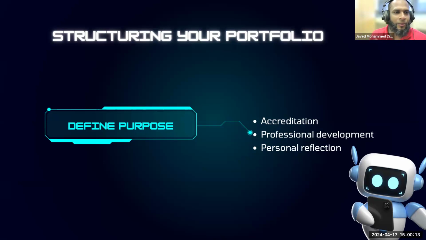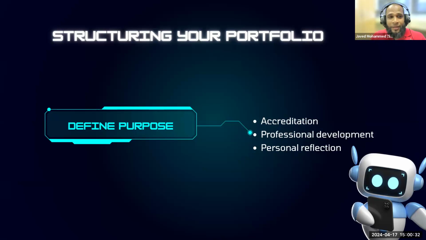You need to think about that, because when you do that, you get a good idea as to who is going to be reading or reviewing your portfolio, and you would know exactly what content to put in your ePortfolio.